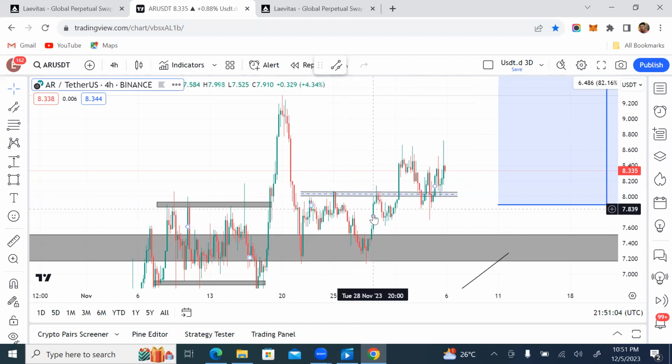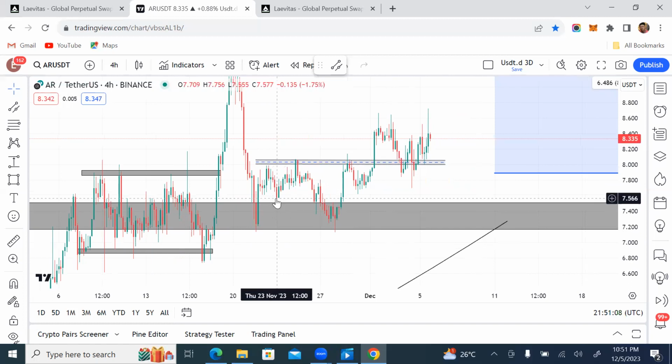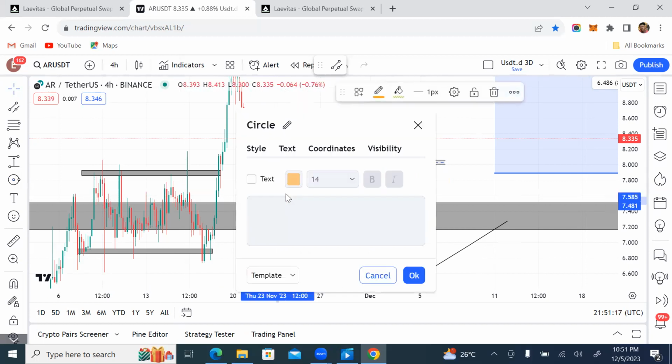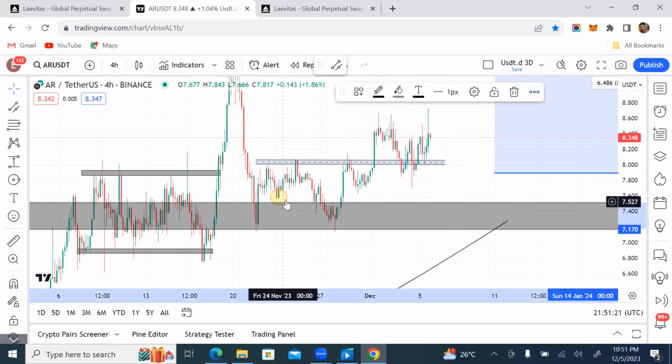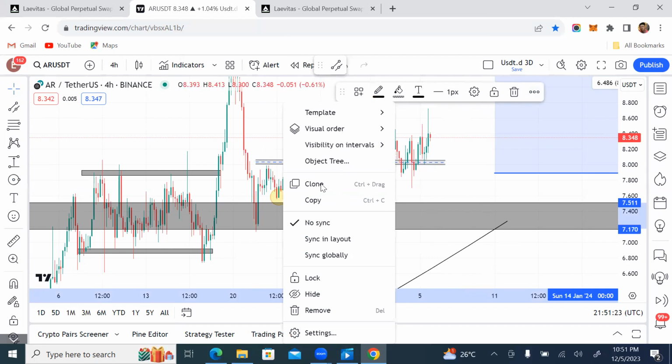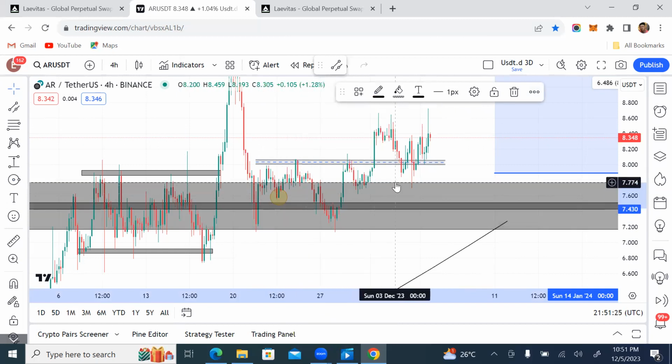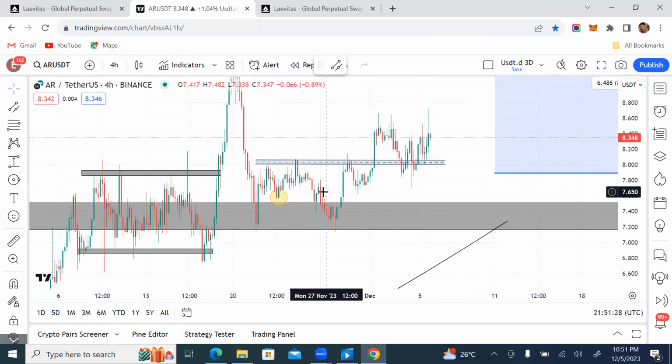Now you can see clearly we had an amazing inverse head and shoulders from this point here. From this point here, we had another one.